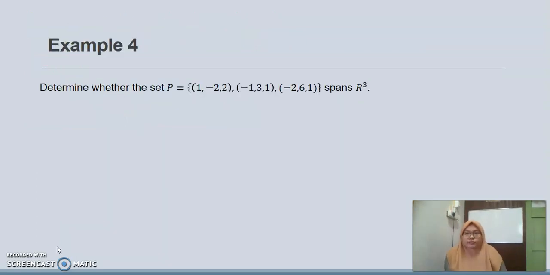Let's try another example. Determine whether the set P spans R3. So R3 is the three-dimensional vector space. Okay, so this is the first vector in set P, the second vector, the third vector. So in this vector space R3, any vector is in the form of x1, x2, and x3.